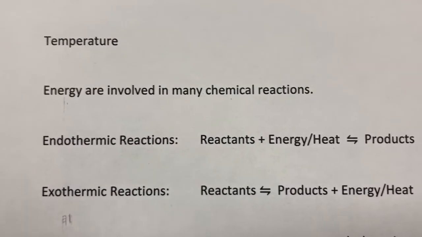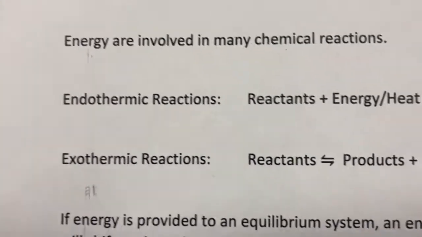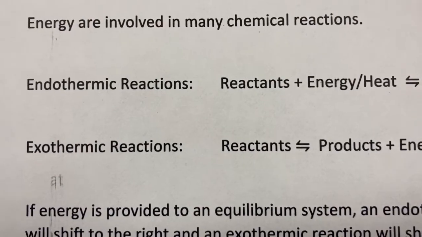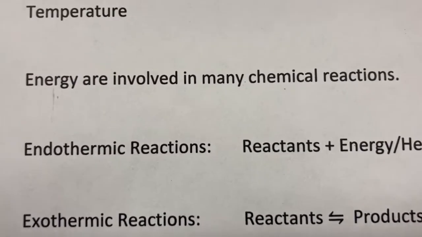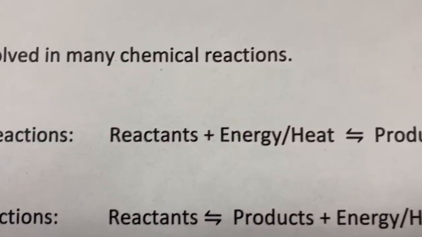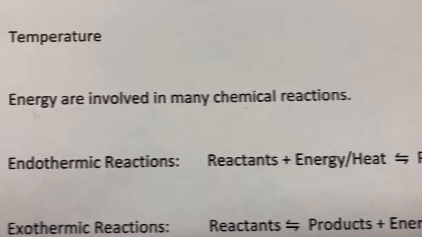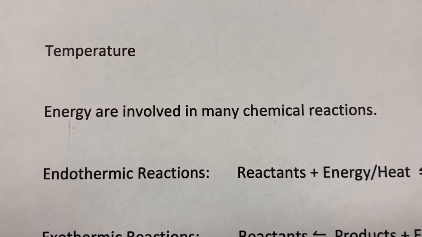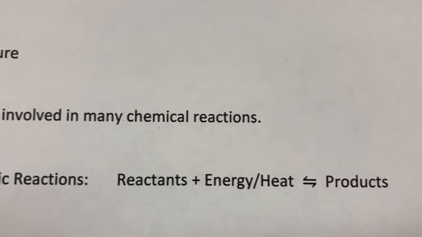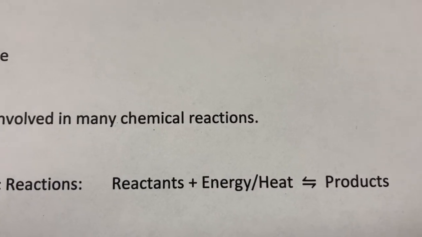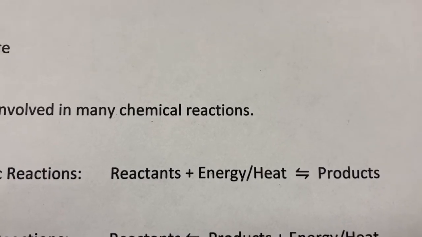A reaction can either absorb heat or release heat or energy. For a reaction that needs energy to react, we call that kind of reaction endothermic. For an endothermic reaction, we can consider energy as a part of the reactant. Energy is required for the reaction to go on.